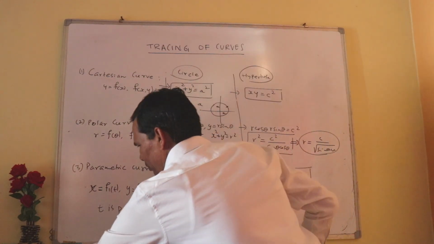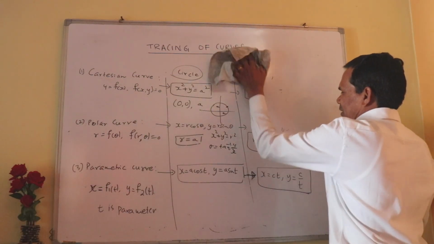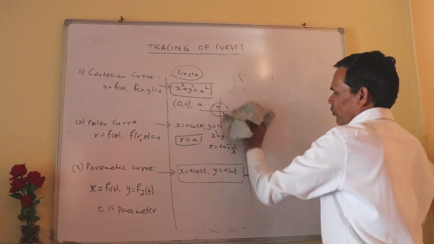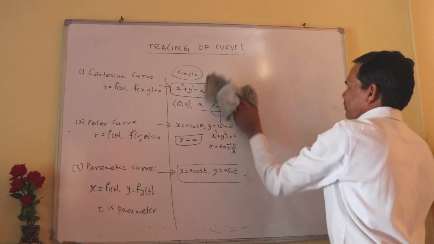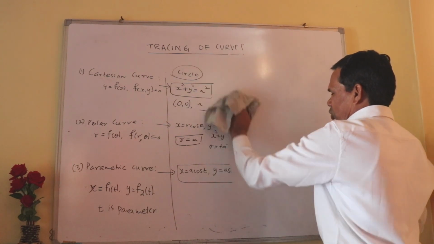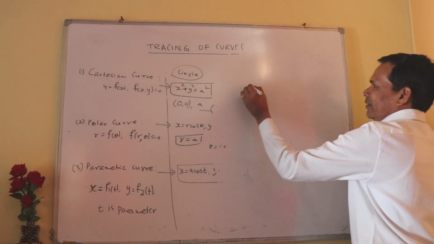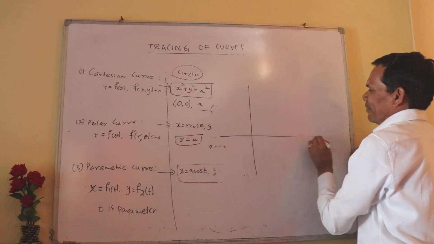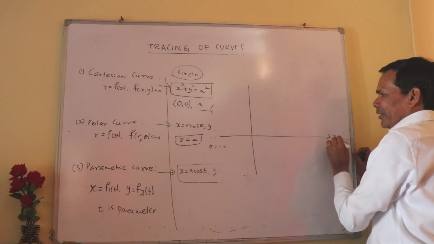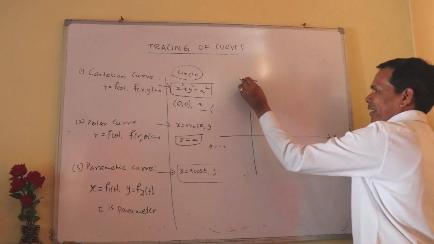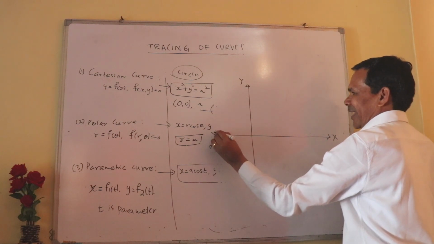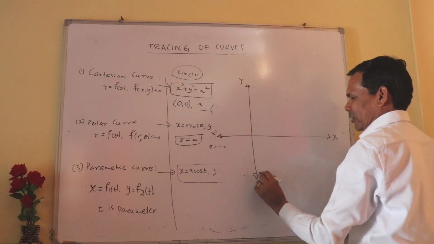Now, what is the relation between Cartesian and polar coordinates? Let me elaborate that, and then I will go for tracing of the curves in each form: Cartesian, polar and parametric. Normally in the two-dimensional coordinate system, you have the x-axis, y-axis, negative x-axis and negative y-axis.